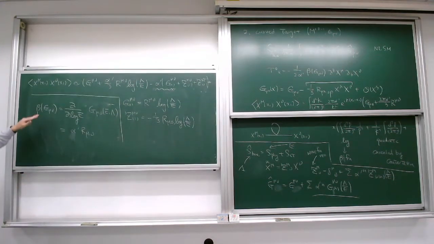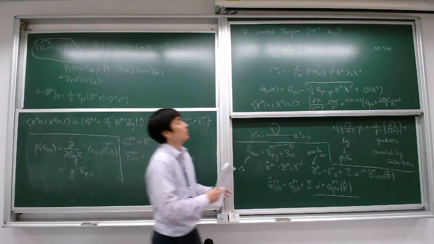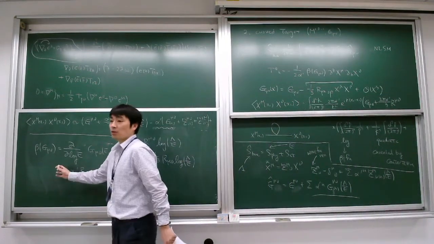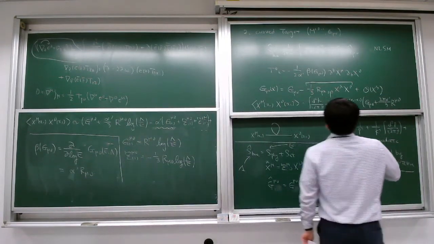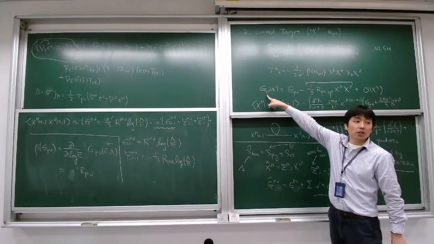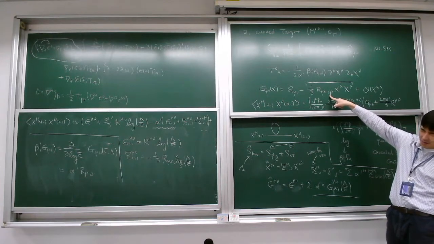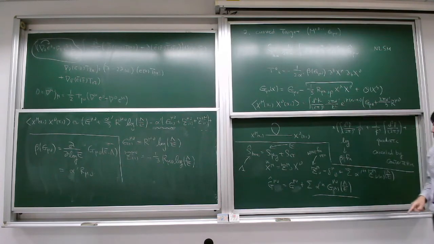So this beta function. The essential point is that if you do the loop integral, of course you have to be careful about the coefficient. The essential point is that if you do the perturbation of G mu nu, the leading term is really the Riemann curvature.